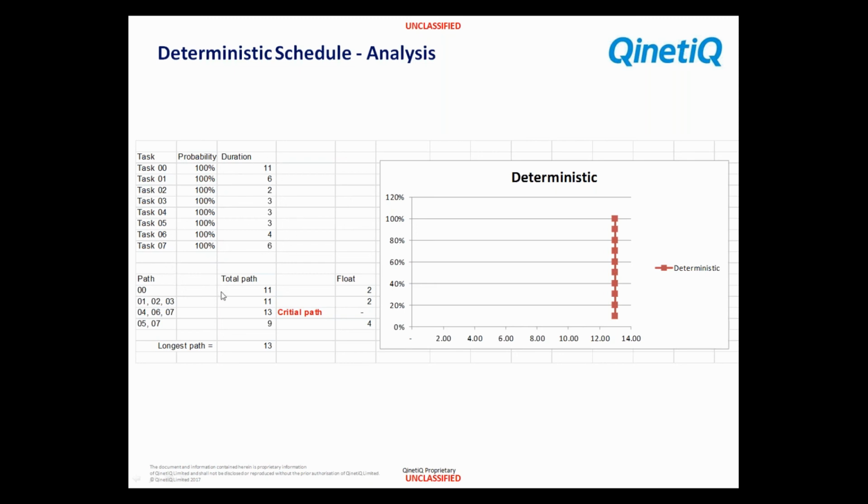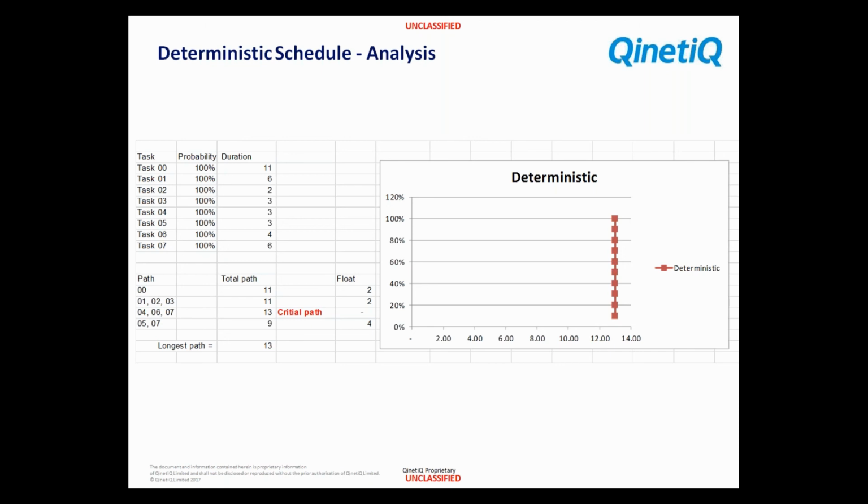But now to look at duration, what we consider, of course, is the critical path going through. So I've defined all of the paths through the network. We can go from beginning to end, just through 0, or we can follow the path 1, 2, 3. We can follow the path 4, 6, and 7, or 5 and 7.